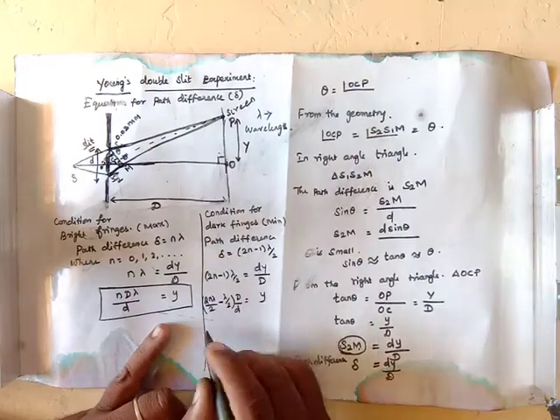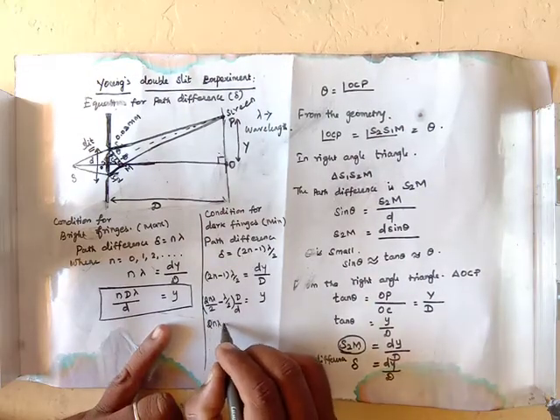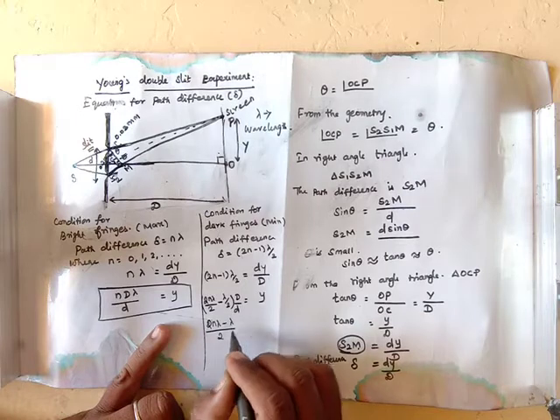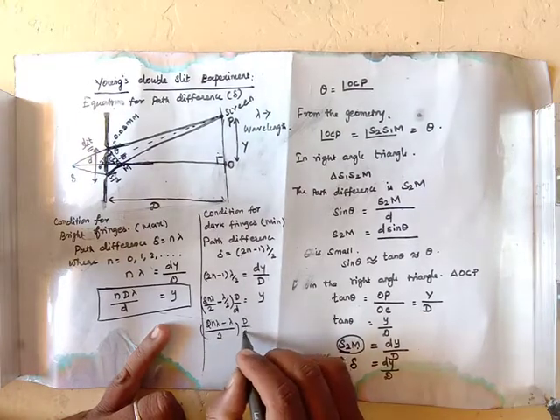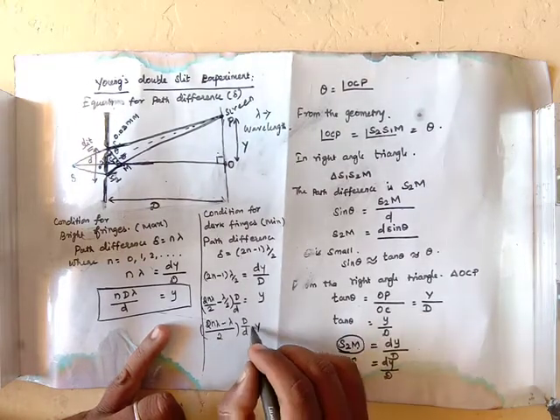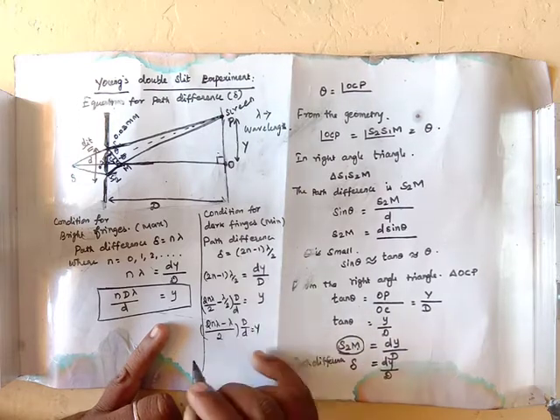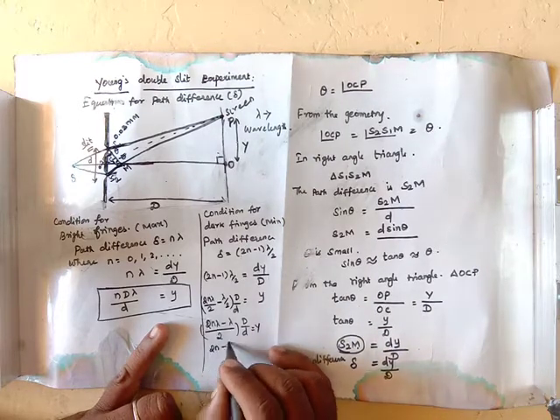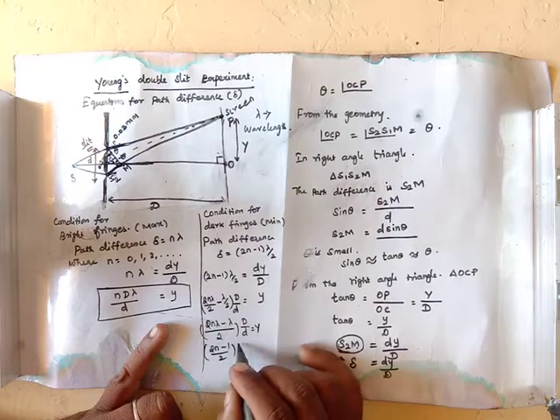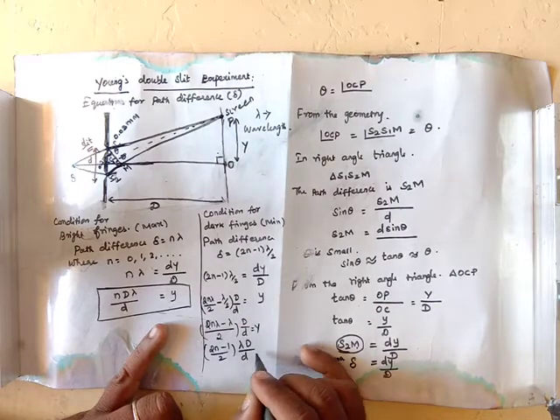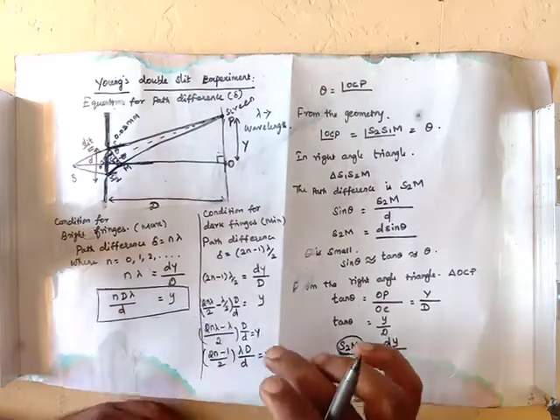Students, you multiply this and take this part to the left side. In the next step it can be written as (2n lambda minus lambda) divided by 2, into d divided by d, is equal to y. Then taking lambda outside, it becomes (2n minus 1) divided by 2, lambda d divided by d, is equal to y. This is one method, students.